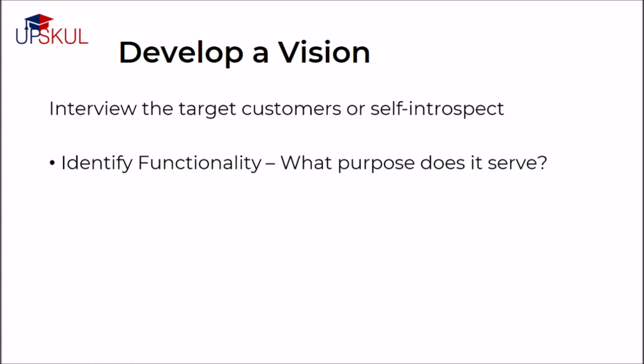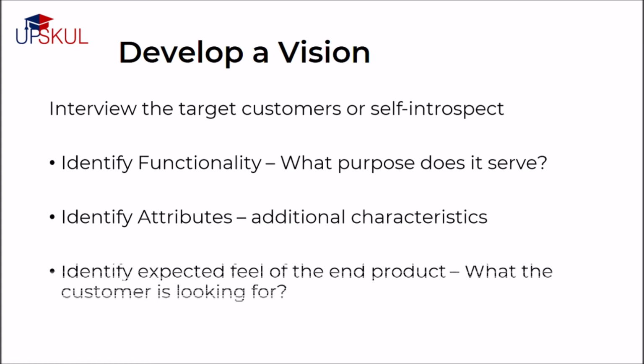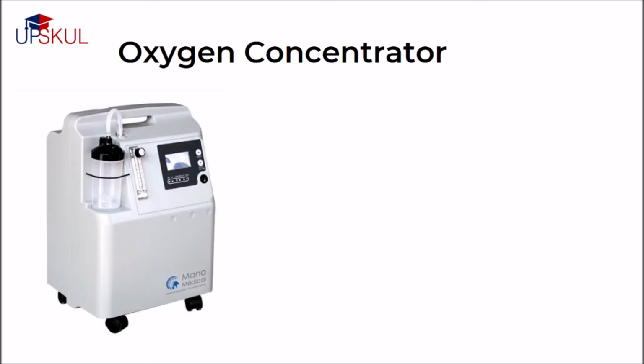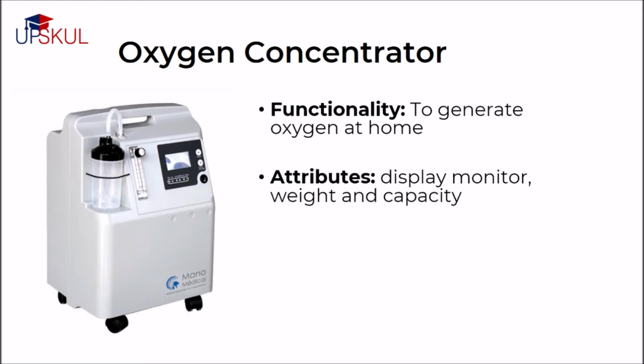What main purpose does the product serve? What other attributes should it have? What is the expected feel of the product? Now, let us take the example of an oxygen concentrator whose main function is to generate oxygen at home or locations where medical oxygen is not available.